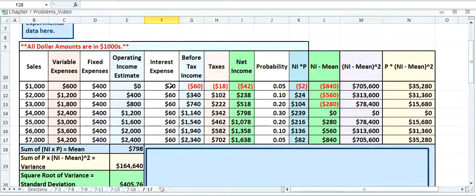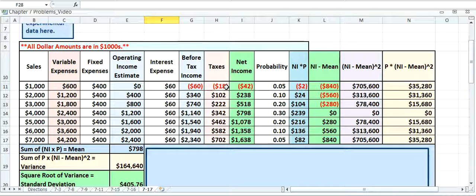The first thing we're doing is subtracting our interest expense from our operating income estimates, and that's going to give us our before tax income estimates here.